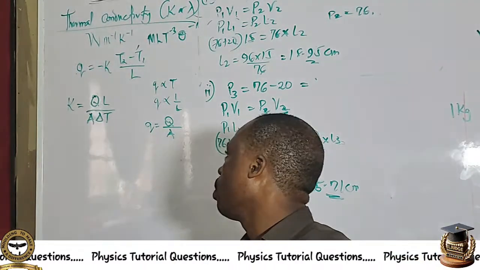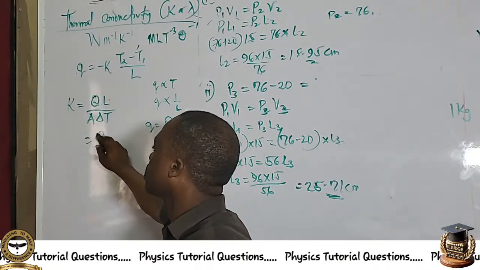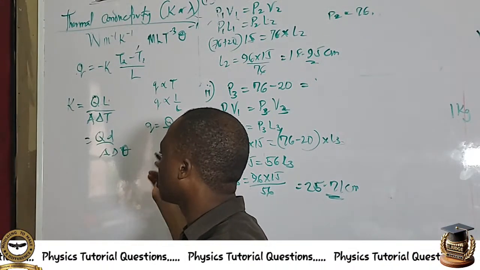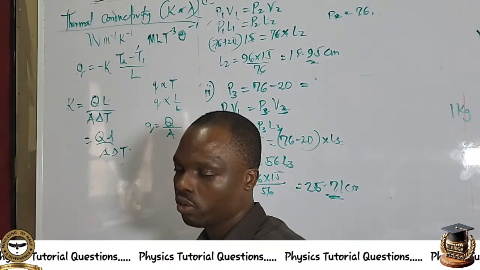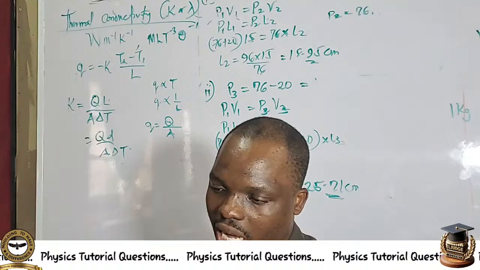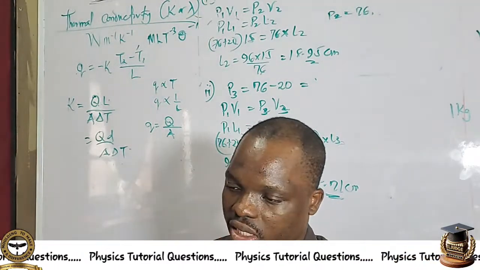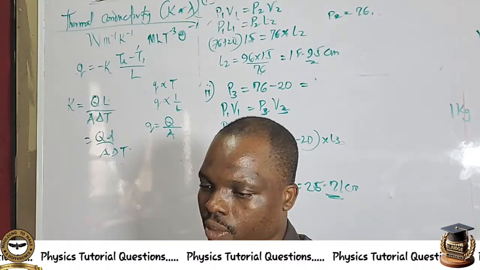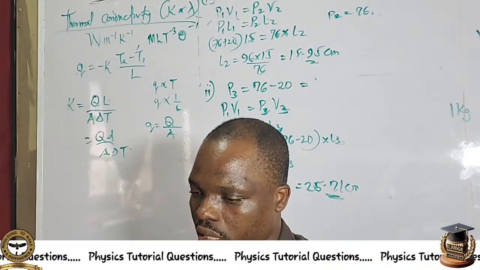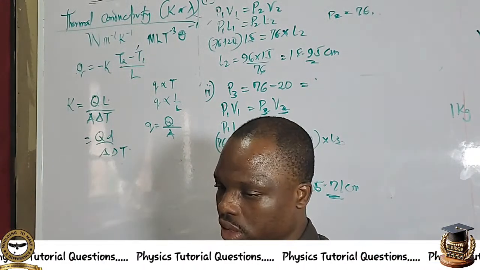The D or the L, sometimes you see D, is the distance between the two isothermal planes. Then A is the area of the surface in square meters, while delta T is the difference in temperature. Most times we use T for theta.